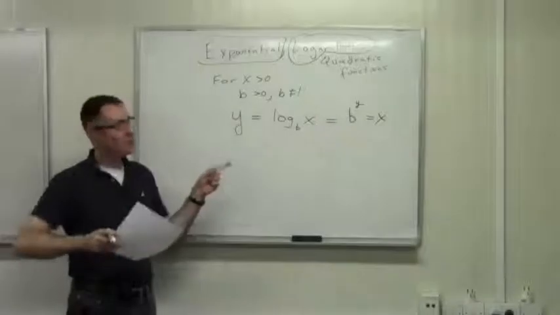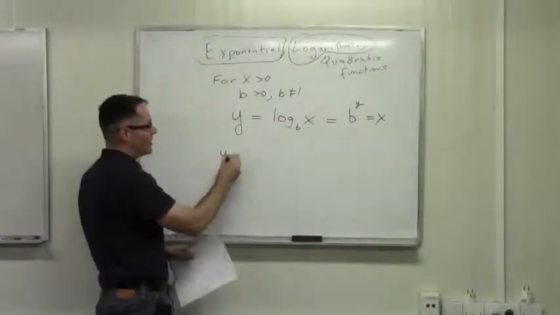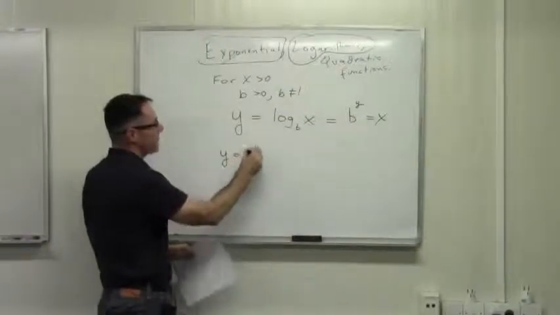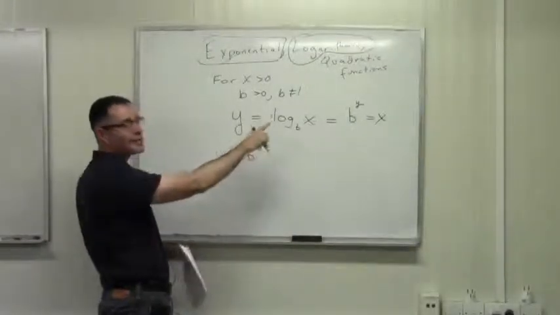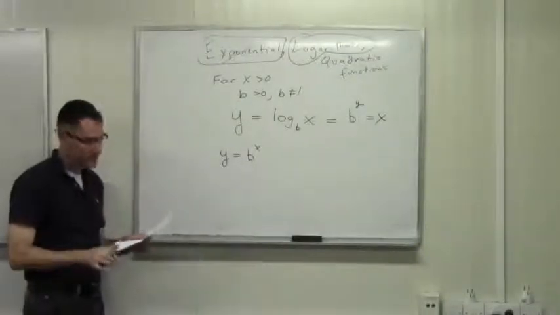Notice it looks very similar to the other one, which we had, y equals b to the x. This one is really x equals b to the y.